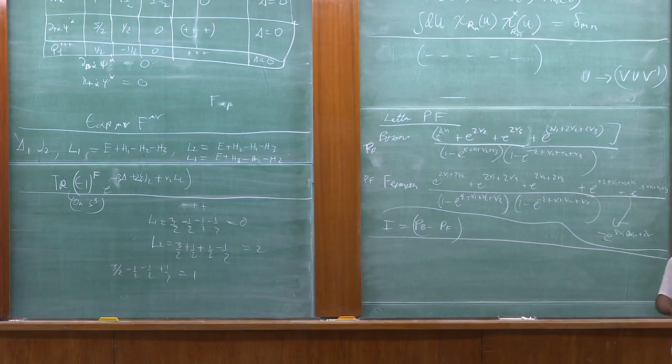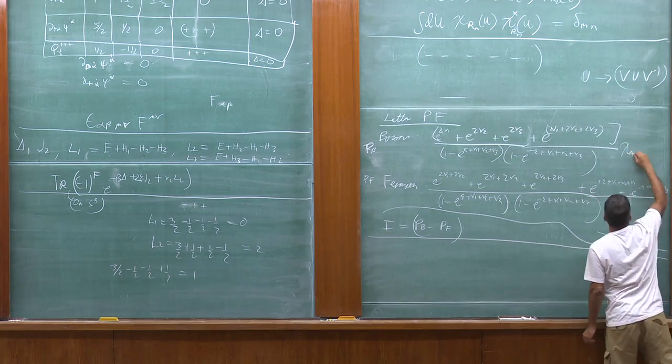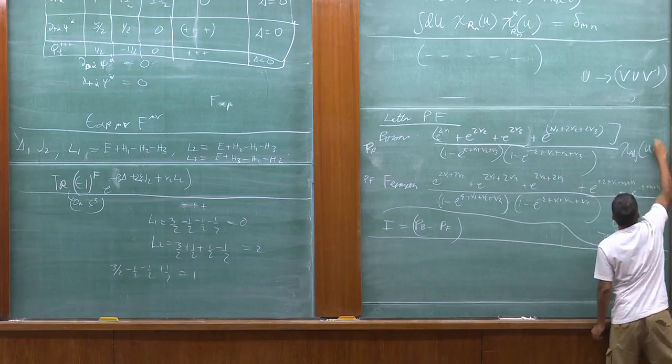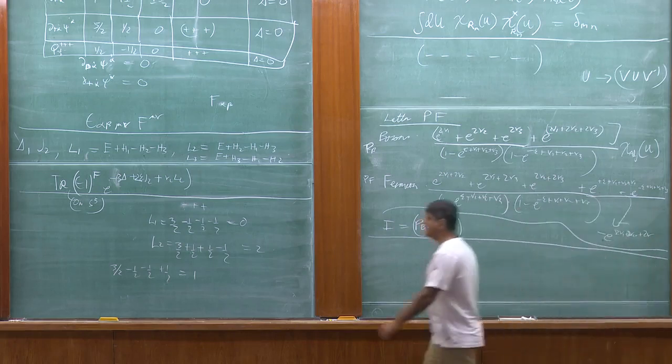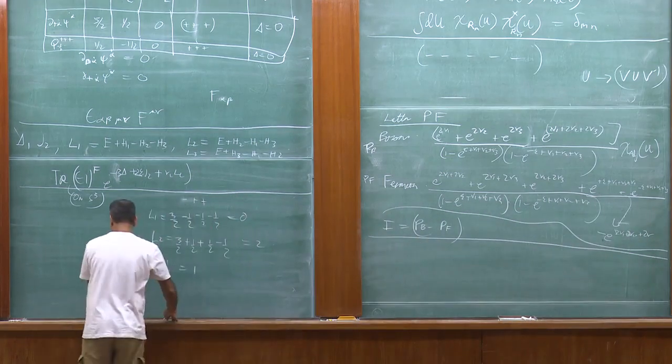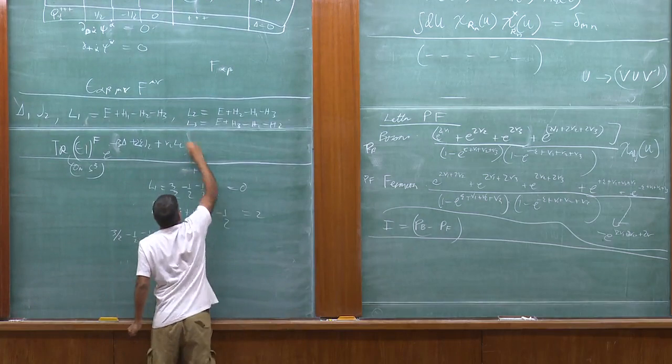Chemical potentials of U(N), same thing as saying U(N) character. So I'm going to multiply this by chi adjoint of U, because every field is in the adjoint.